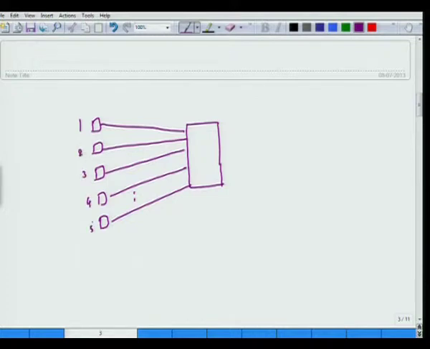Now, how many links do I need to lay for n users in this case? It is not going to be NC2, what I require is only n links. The only problem is, I need a mechanism whereby if 1 wants to talk to 2, he should be able to tell this box and it should create a path between 1 and 2. Next time, if this user 1 decides to talk to somebody else, say 3, a path can be created in this fashion.